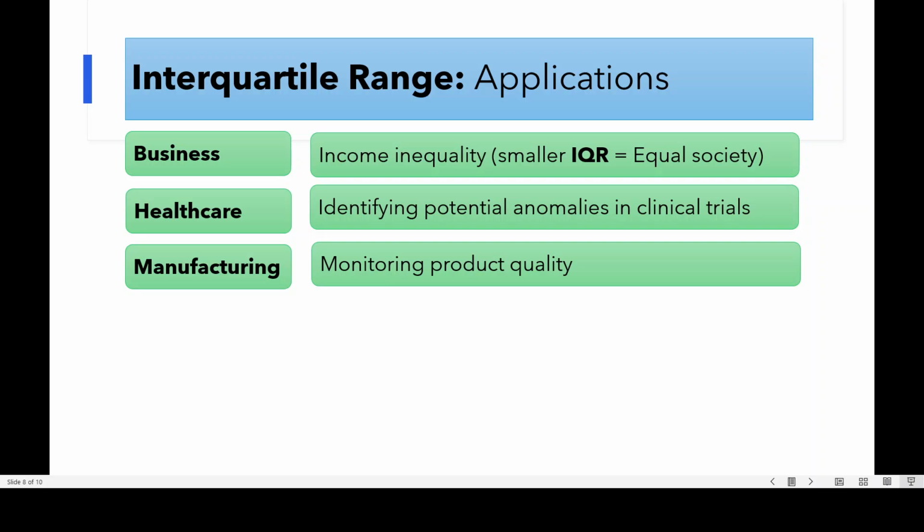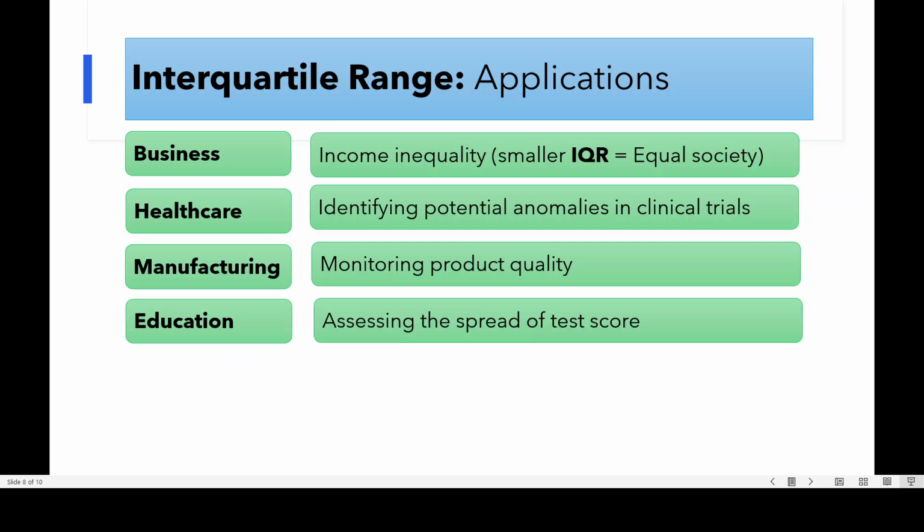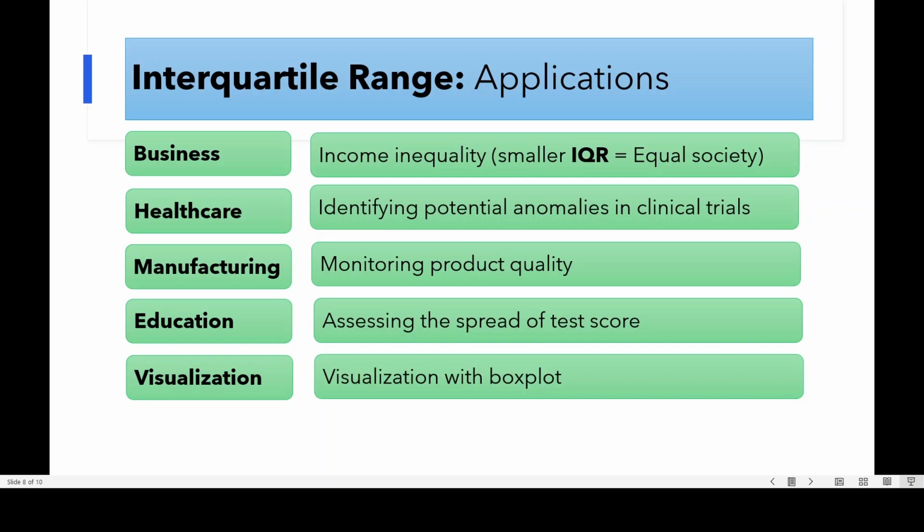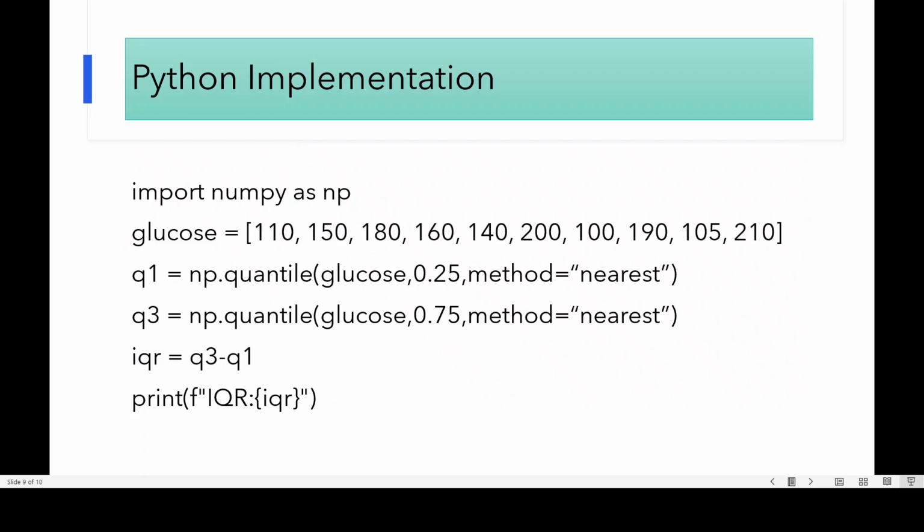In manufacturing, we can compare interquartile range across different production lines, which can help show where process consistency needs improvement. In education, we can assess student scores. Similarly, we can visualize the interquartile range by using the box plot.